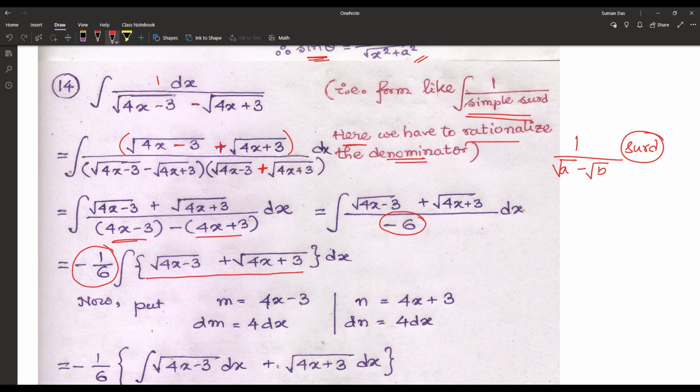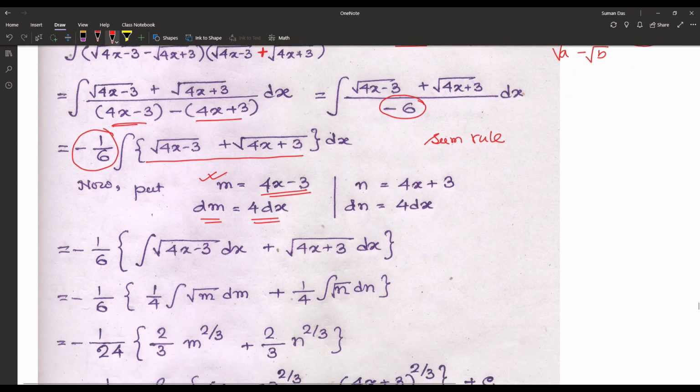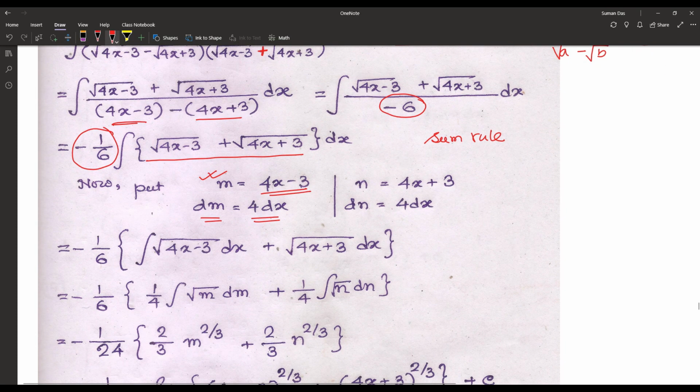So we are just separating it with the sum rule of integration. We put m equal to 4x minus 3, then dm is equal to 4 dx. So the first part, 4x minus 3, becomes 1 by 4 of square root of m dm. So finally it gives us the result 2 by 3 m to the power 3 by 2.